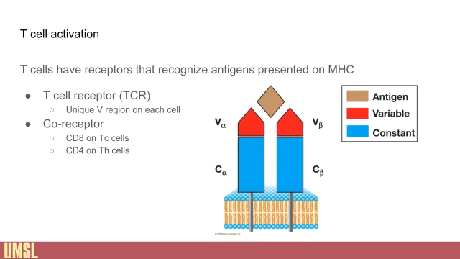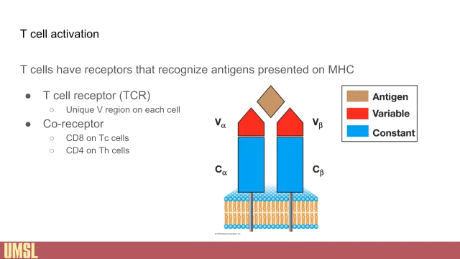So it's important to keep in mind with these variable receptors that every single T cell, unless it has emerged as a result of a T cell activation event and proliferation, has a different variable region in this receptor.